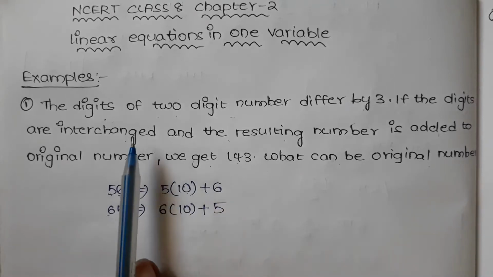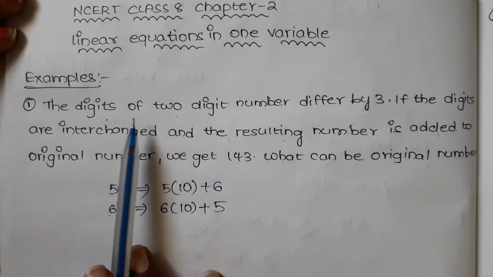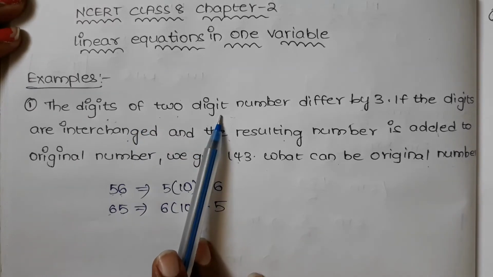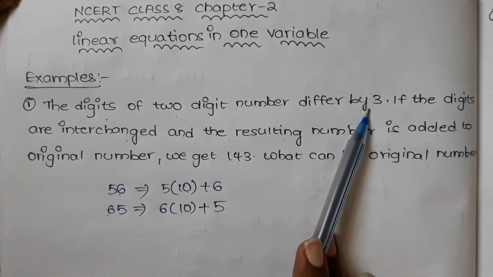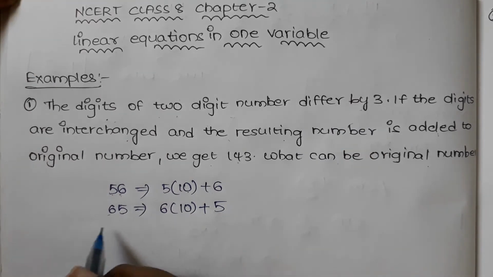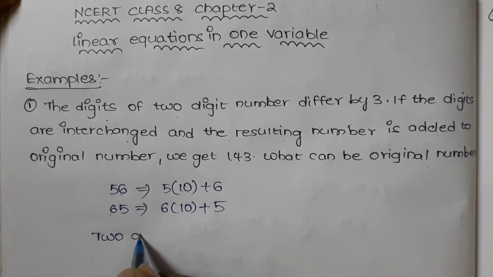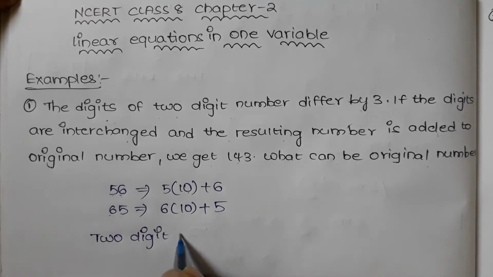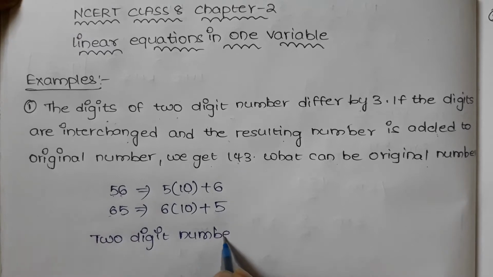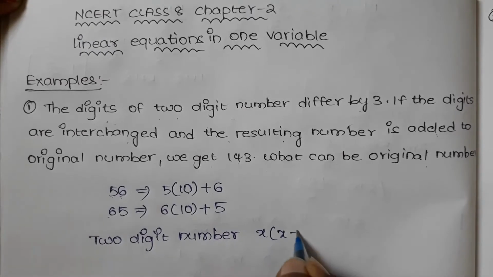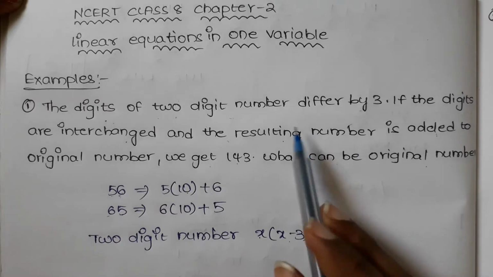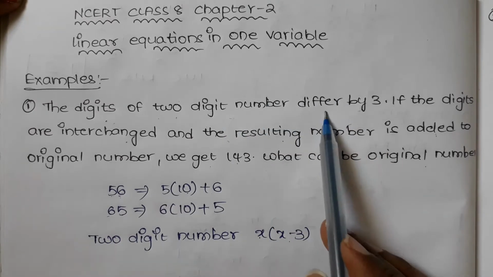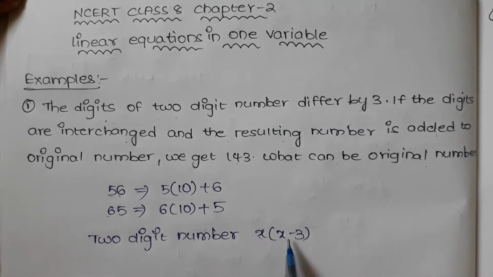Now let us solve this question. Here we have a two-digit number, and the two digits differ by 3. Let us assume the two-digit number is x, x minus 3, because x is one digit and x minus 3 is the other digit, since they say the digits differ by 3.